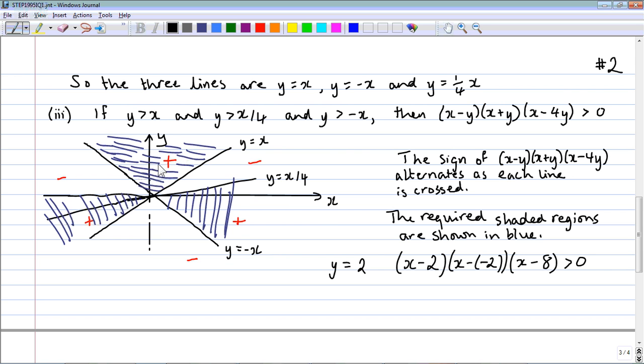Now, to the left and above of the line y equals x, y minus x will be positive, and therefore x minus y will be negative. So let's use a red mark here. In this area marked in blue, x minus y is a negative number.